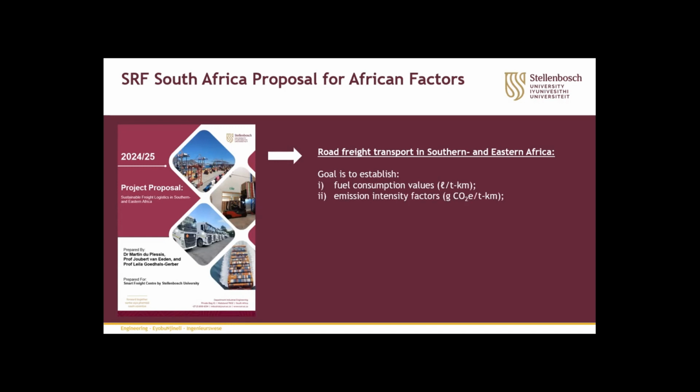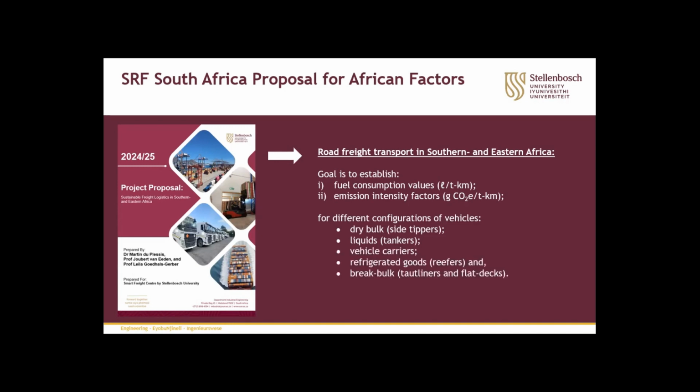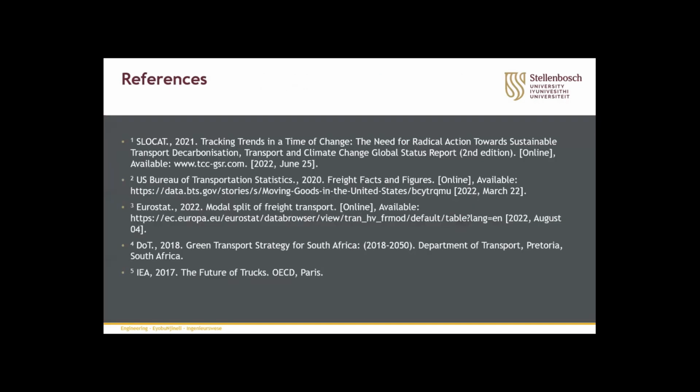So we look at fuel consumption values to establish emission intensity factors for different configurations of vehicles. That's the action plan for us: based on this, to go into much more depth, and hopefully not too far in the future, there might be an addendum to the framework stating these emission factors for Southern Africa.